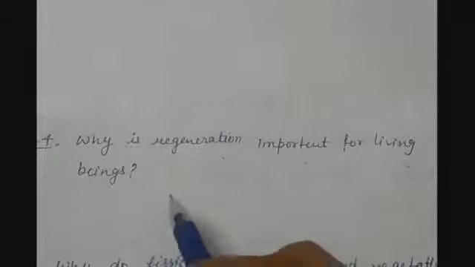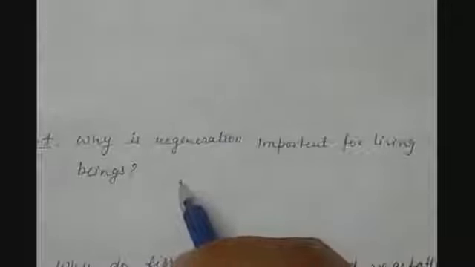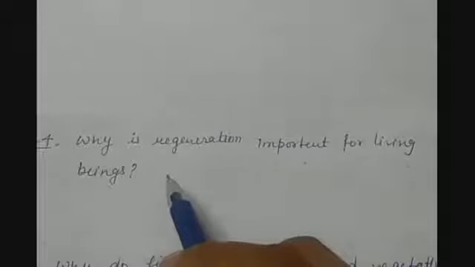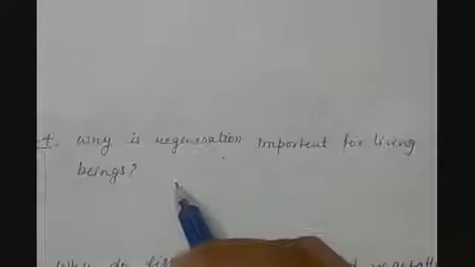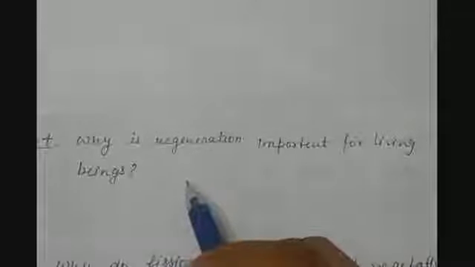So this helps in decreasing the difficulties happening to the living organism, which can be there because of the loss of that part. So regeneration helps to fill all those shortcomings.